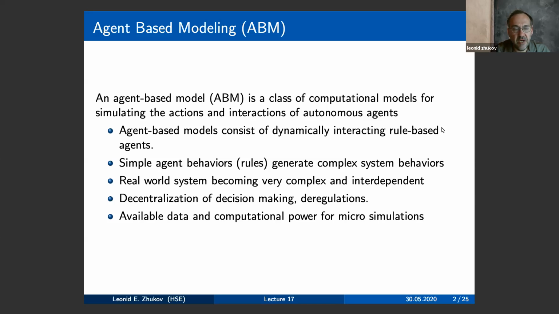Moreover, as we saw with models of disease propagation, for some very simple models we can write differential equations. For more complex interaction, we cannot write equations anymore. So in this case, we can do agent-based modeling, or ABM for short.